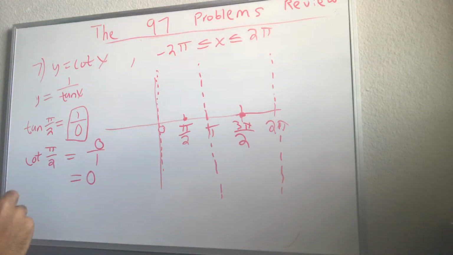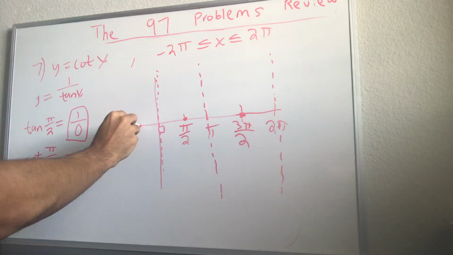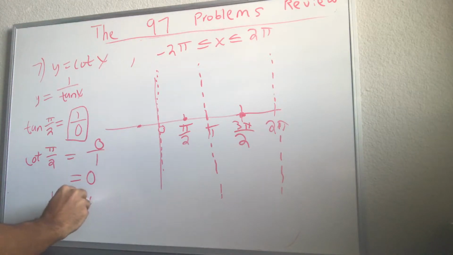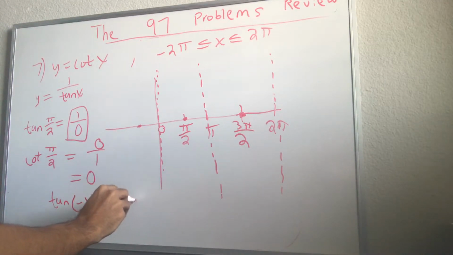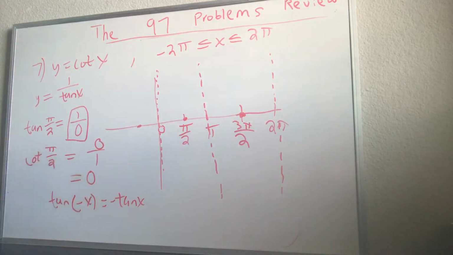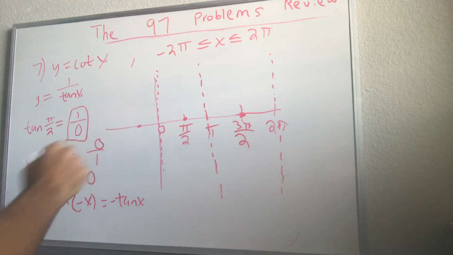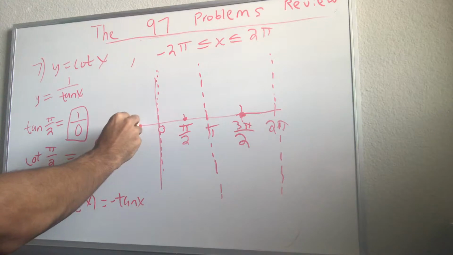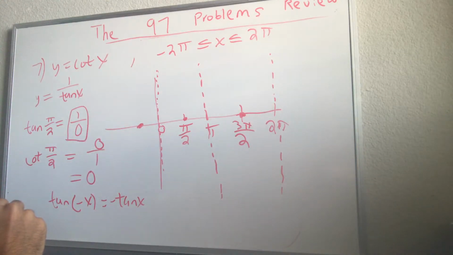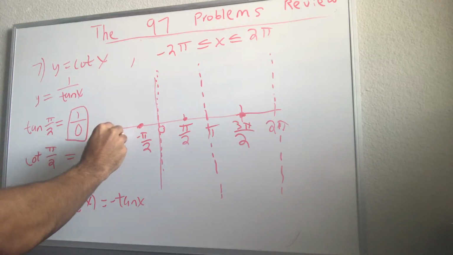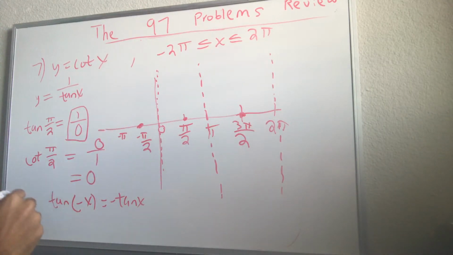And again, the same concept applies here. If you recall, the tangent of negative x is equal to negative tangent of x. So same principle here. When we're graphing cotangent, at negative pi over 2 we have 0 here, and when we look at negative pi, we have an asymptote.